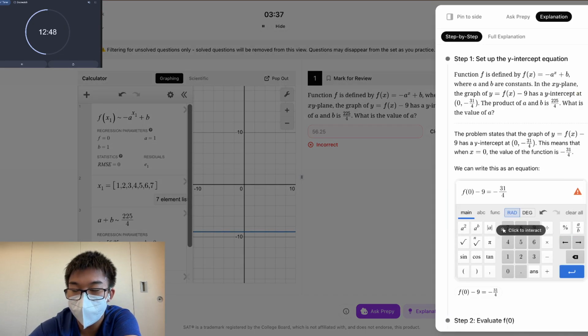Okay. There's a regression way to solve this. I need to work on that. These are the type of stuff I want to review. So function f(x) is equal to negative ab.